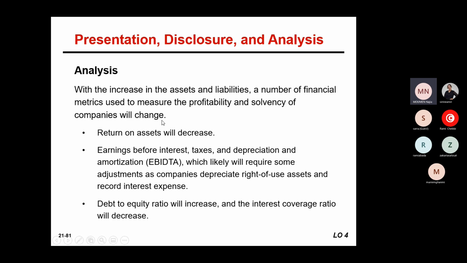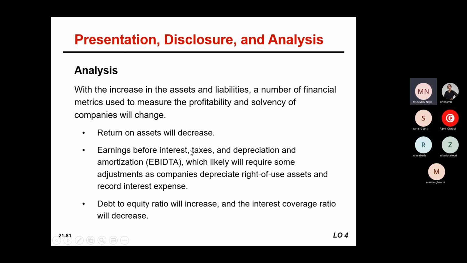So a number of financial metrics or ratios that were used to measure the profitability or solvency of companies will change. For the lessee, we have a right of use asset, and a lease liability recognized under current and non-current liabilities. So our return on asset will decrease because we have higher assets.